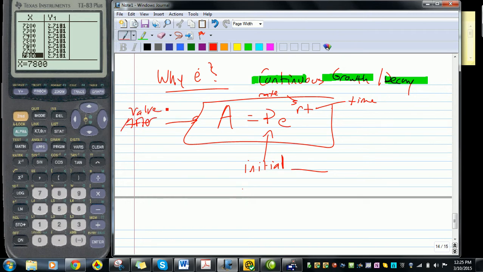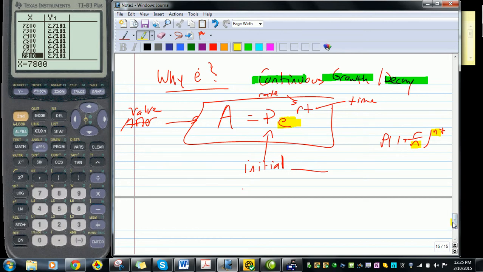Okay, so it's very similar to the model we already looked at, principal times (1 + r/n)^(nt). It's very similar, but what we have now is continuous growth. Instead of n times per year, we have at every moment something either growing or decaying exponentially. And if that is the case, we use this continuous growth model or decay model.